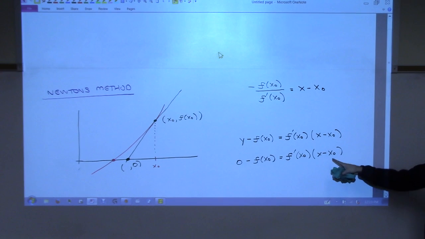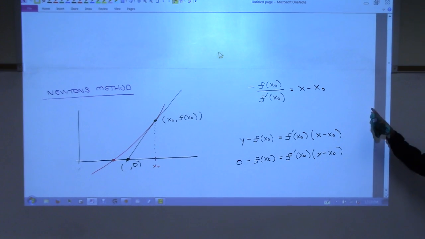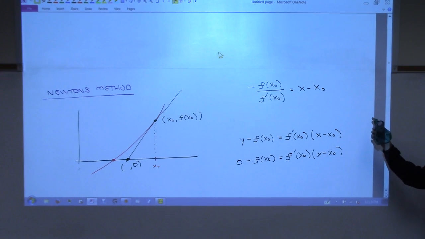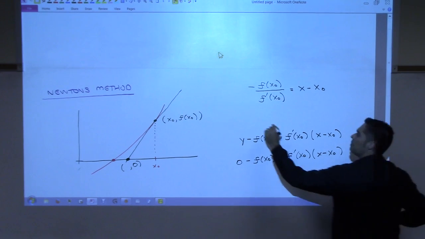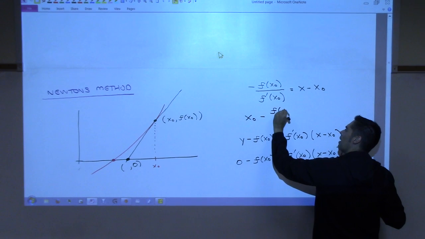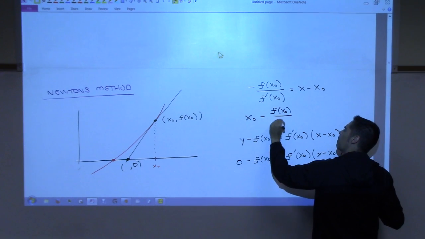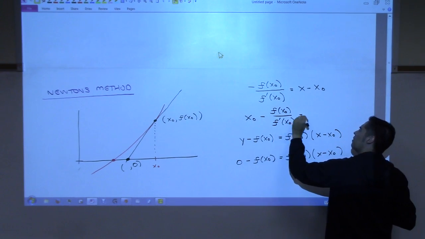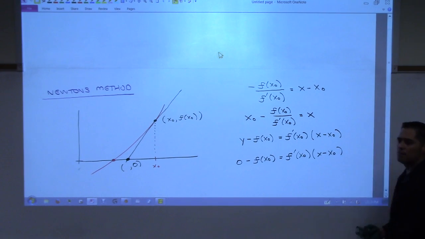I almost have x by itself. I just need to add x naught to both sides. So if I add x naught to both sides, I get x naught minus f of x naught over f prime of x naught equals x, yeah?